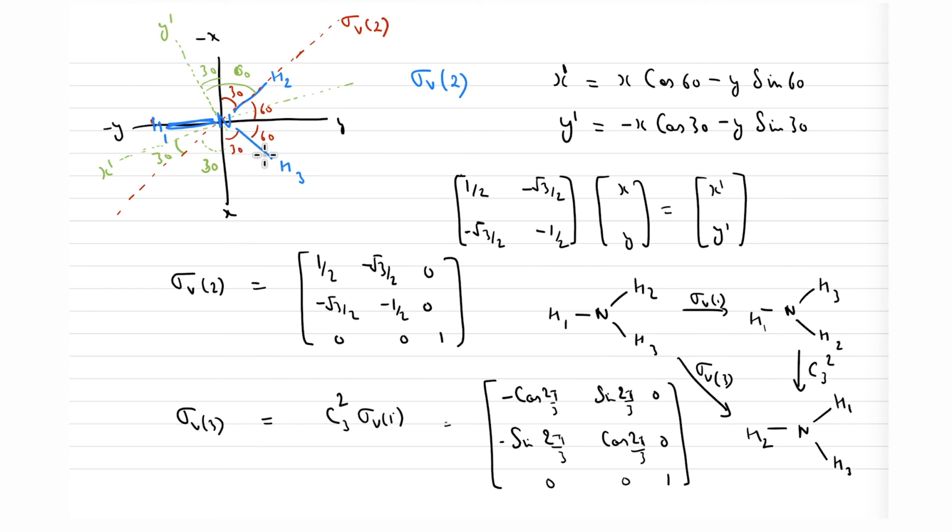Otherwise, indirectly you can also write sigma v3 by doing an axis transformation using a reflection along this plane, but that will again be tedious. You'll have to do the axis transformation and write the new matrix, but it will come out to be the same.